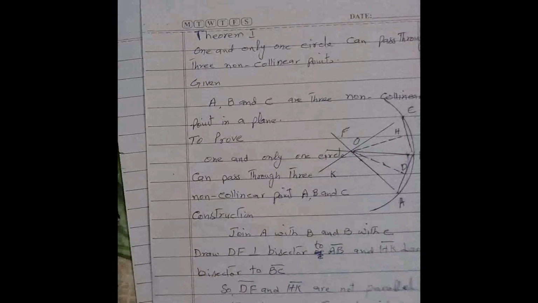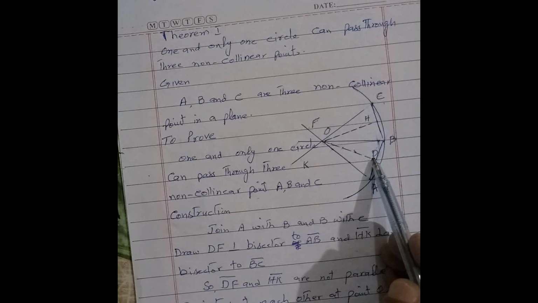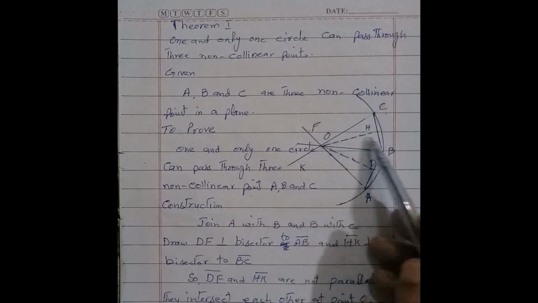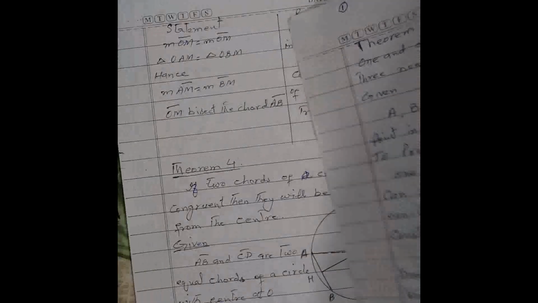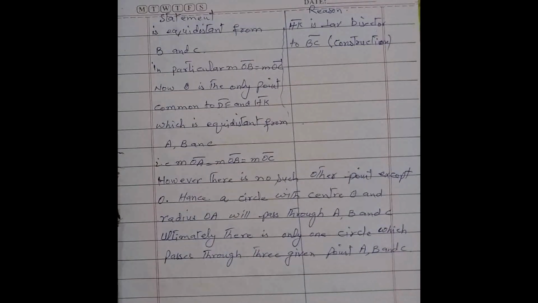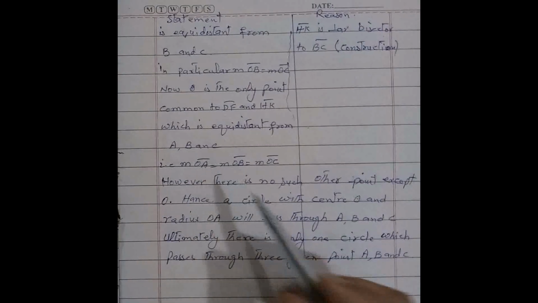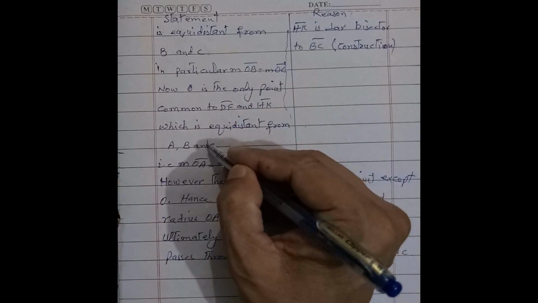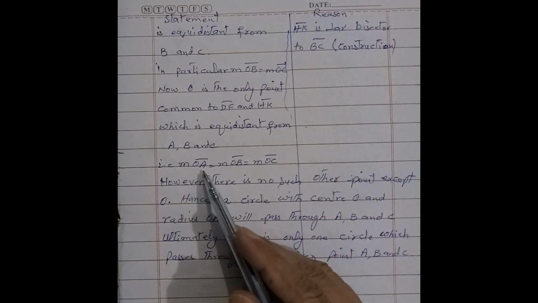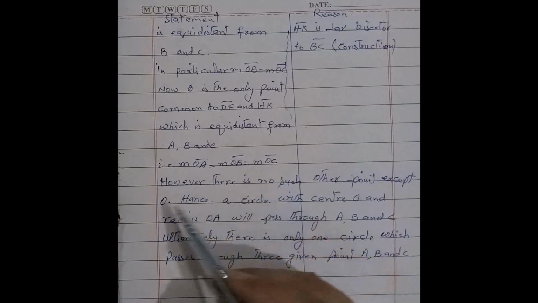It means O is the point on DF and HK, which is equally distant from points A, B and C. That means measure of OA is equal to measure of OB is equal to measure of OC.